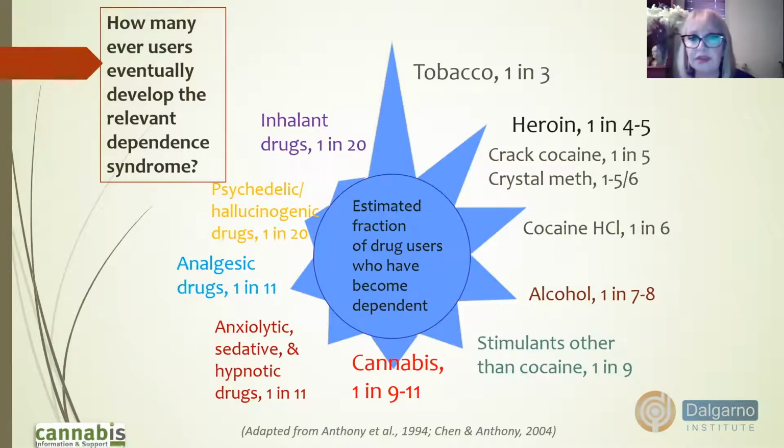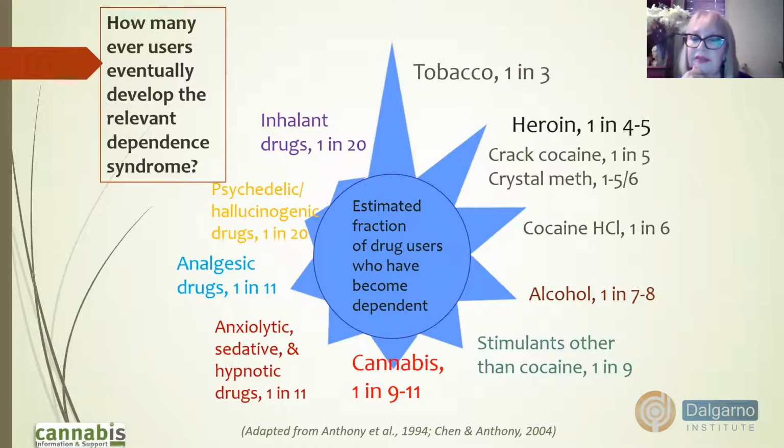Just the final point on harms I wanted to make, mostly because it's my area of specialty, and it is the most common harm associated with regular use, is cannabis use disorder, more commonly thought of as addiction or dependence. And this is just a graph of the proportion of drug users who have ever used a drug who will go on to become dependent.